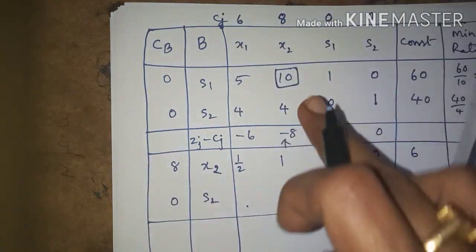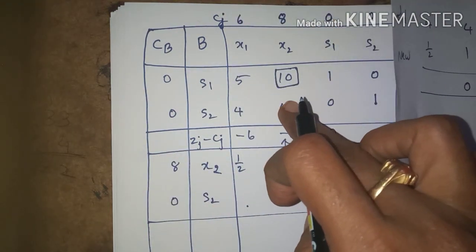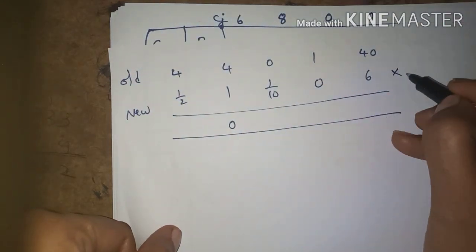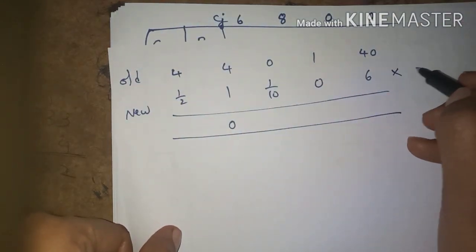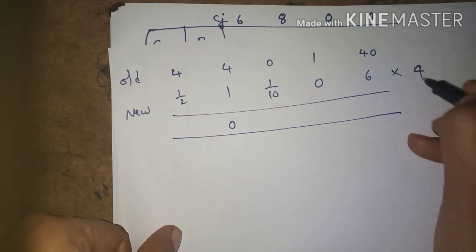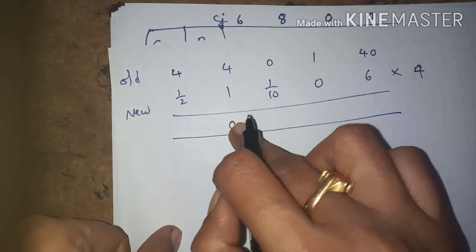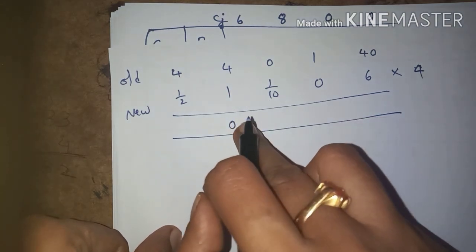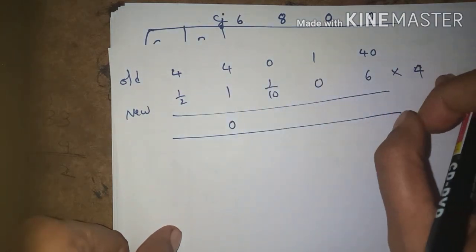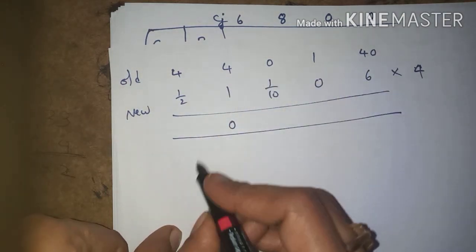Now we have to get the second element into 0. To get 0 here, what do we multiply the new row with? We have to multiply it with 4. Just remember, to get 0 here, I have to multiply the new row with 4. So what will you get?